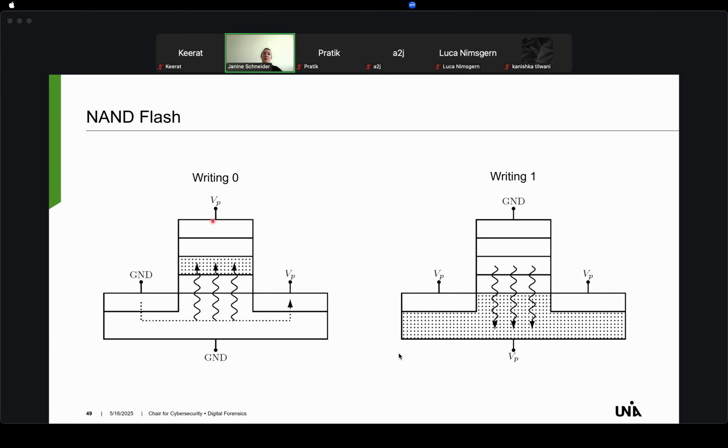Because you have ground here and the voltage is here, the electrons in the substrate travel through the tunnel oxide into the floating gate, and then they are trapped there. If you want to write a 1, you apply ground on the control gate and the programming voltages on source, substrate, and drain. Then the electrons travel back through the tunnel oxide to the substrate and create this state, which can be interpreted as a 1.